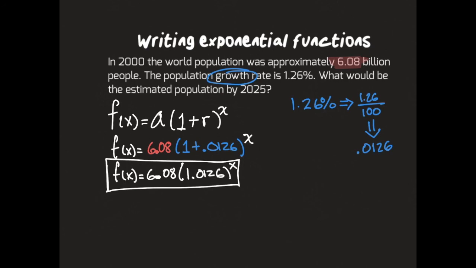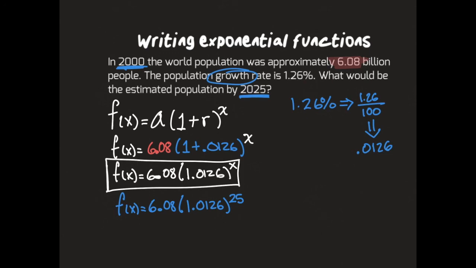So this will be the equation for the problem, but I'm being asked to make a prediction by 2025. We started at the year 2000 and now we go to the year 2025, so that means 25 years later. How is my equation going to look then? f of x equals 6.08 times 1.0126 to the 25th power.